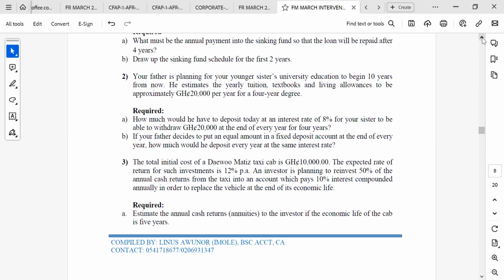Required A. How much would he have to deposit today at an interest rate of 8% for your sister to be able to withdraw 20,000 Ghana cedis at the end of every year for 4 years? B. If your father decides to put an equal amount in a fixed deposit account at the end of every year, how much would he deposit every year at the same interest rate?